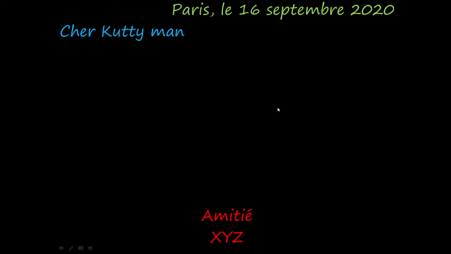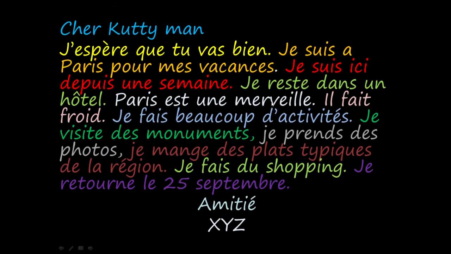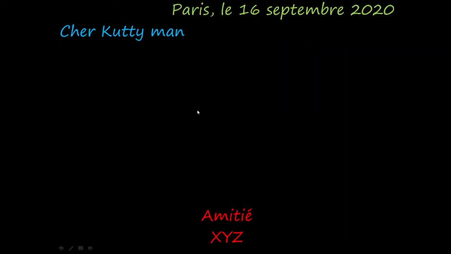So this is the message. Paris, le 16 septembre. I'll make the header disappear so that you can see this clearly. The message starts from j'espère till septembre, and this is what you'll fill in this blank.